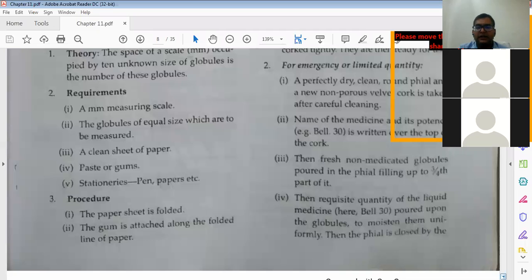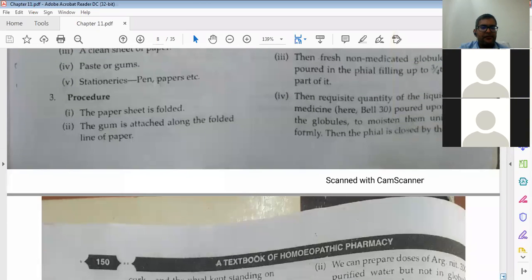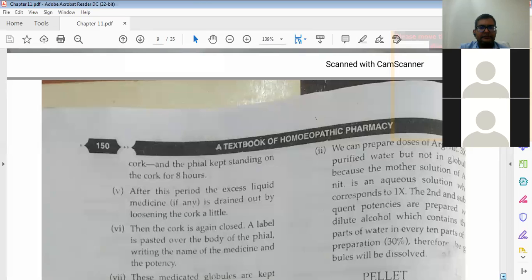Then the requisite quantity of the liquid medicine, here belladonna 30, is poured upon the globules to moisten them uniformly. Then the file is closed by the cork, and the file is kept standing on the cork for 8 hours.